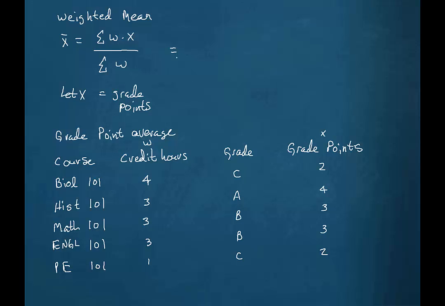So this formula then would be 4 times 2 plus 3 times 4 plus 3 times 3 plus 3 times 3 plus 1 times 2.